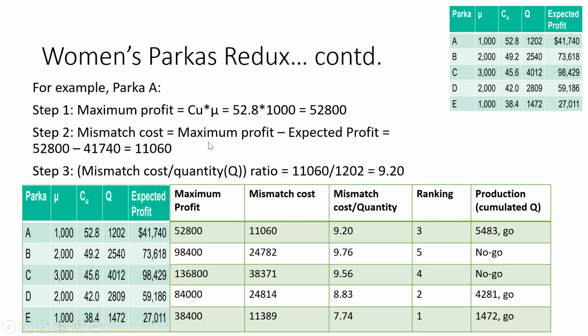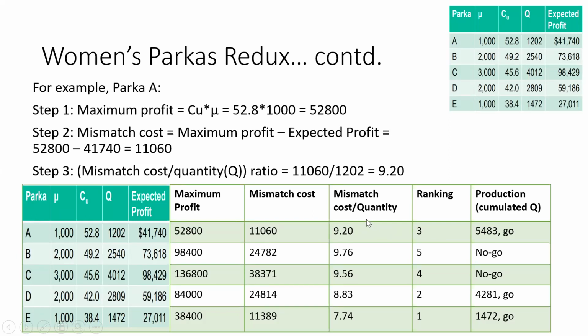And finally, step 3 is your mismatch cost divided by quantity Q. That ratio is 11,060 divided by 1,202. I got 9.2. So you can see all these calculations here for these numbers.